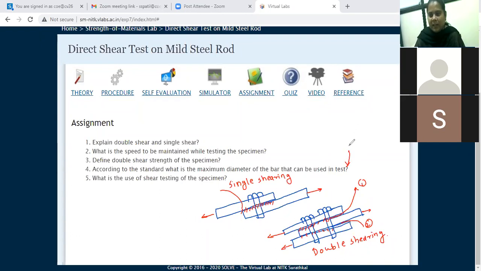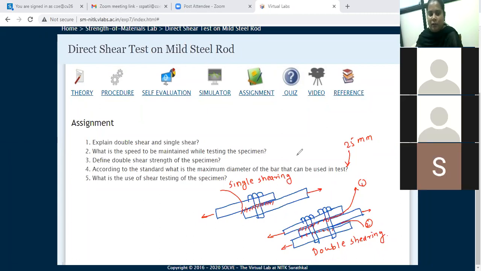Maximum diameter is 25 mm. Good. For performing the direct shear test, we can use a bar of maximum diameter 25 mm. And the minimum length of the rod is 2 times the diameter of the rod.